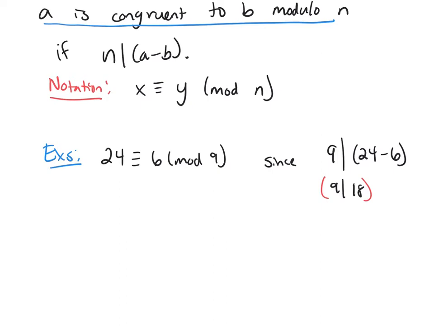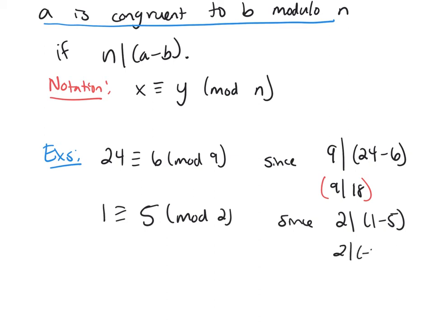So let's look at another one. 1 is congruent to 5 mod 2, and that's because 2 divides 1 minus 5. 1 minus 5 is negative 4. So I can say 2 divides negative 4.